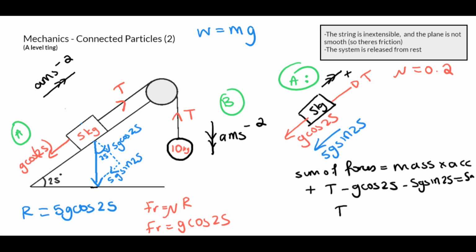So T minus 9.81 times cos 25 minus 5 times 9.81 times sine 25, because remember the G is 9.81. If you put this in your calculator, make sure you're on degrees mode, you should get T minus 29.6, and that's equal to 5A.